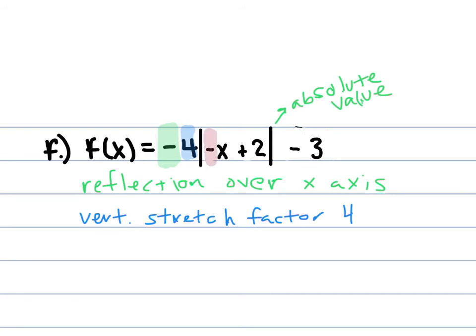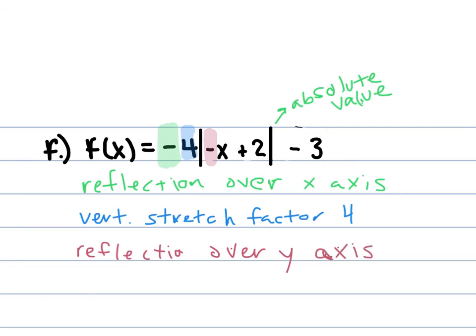Okay, then next we have another negative sign. What does the negative on the inside do? A reflection over the y-axis. Perfect. Reflection over the y-axis.